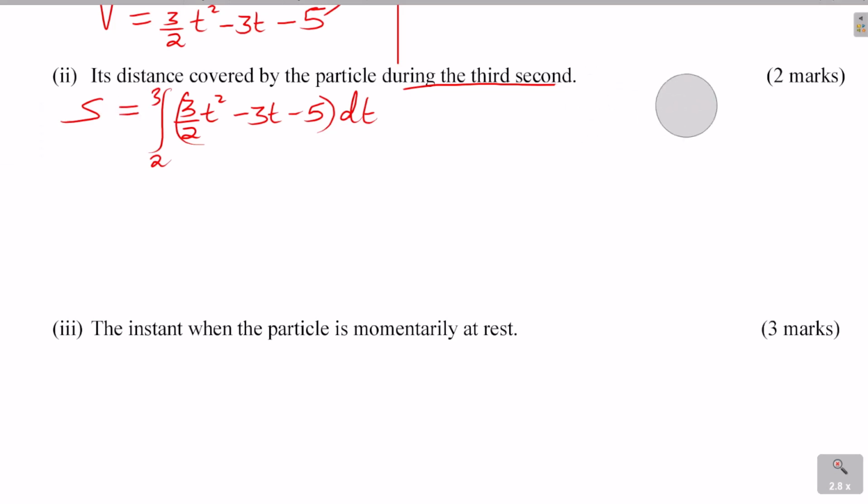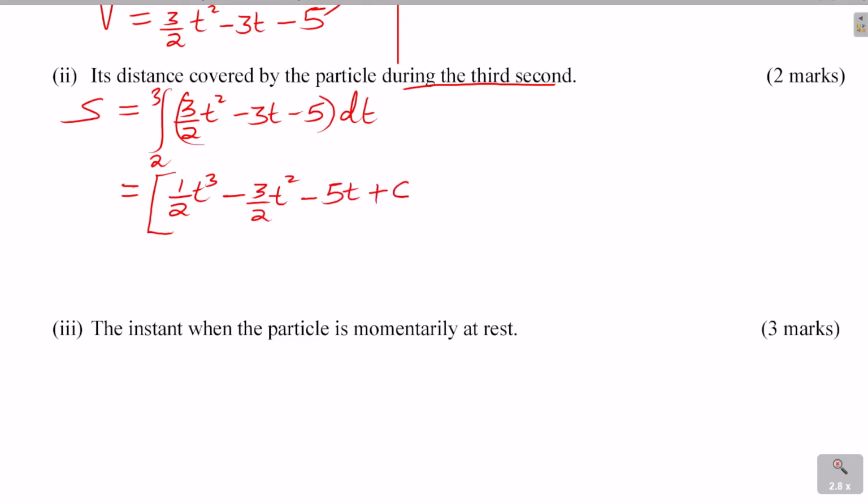So very fast, we integrate this and get the square brackets: 3/6 t³, which gives a half t³, minus 3/2 t², then minus 5t.